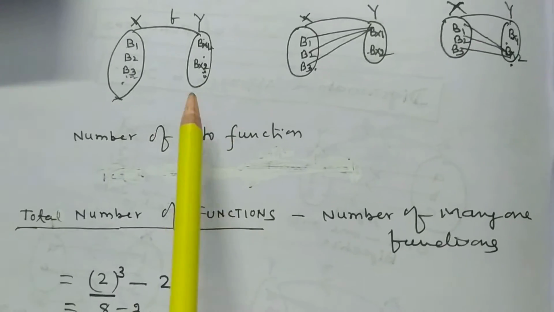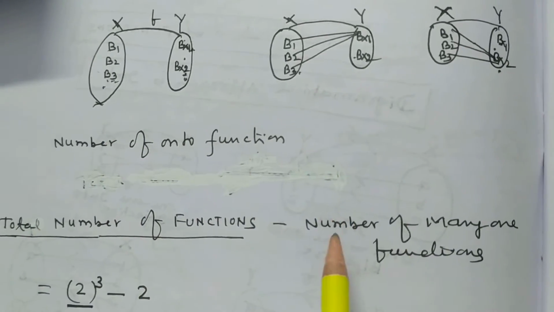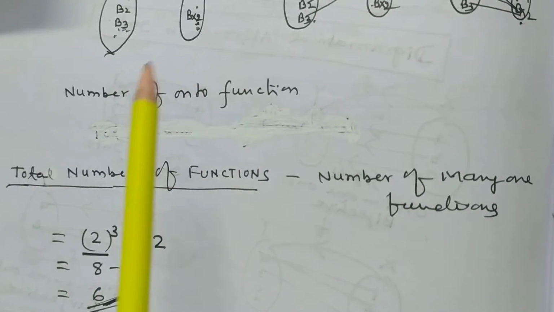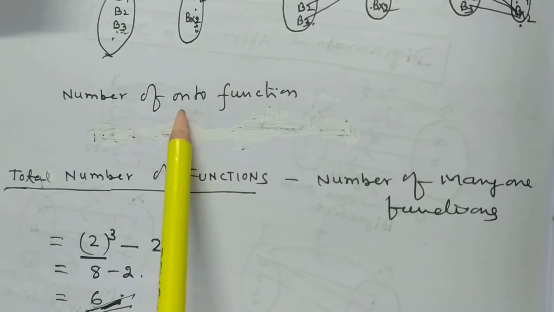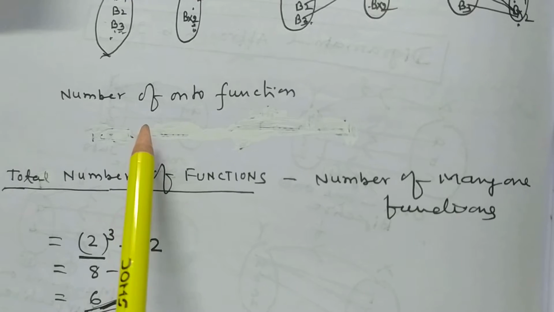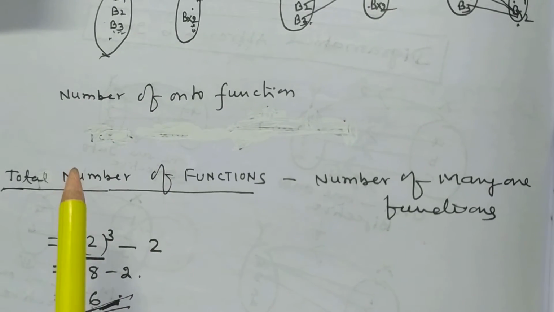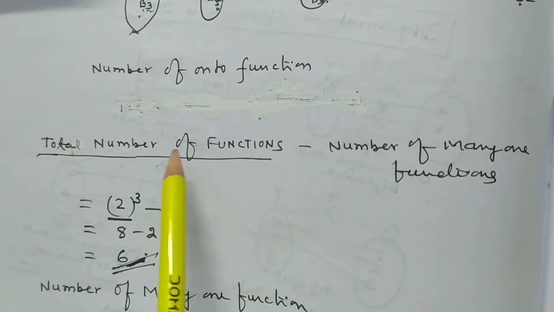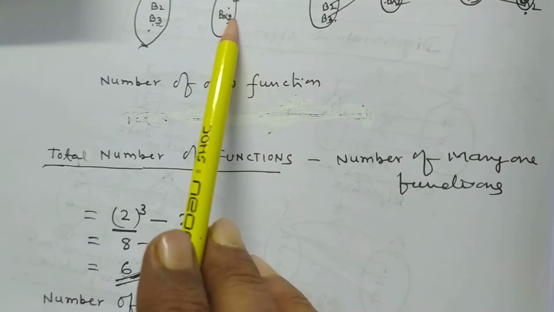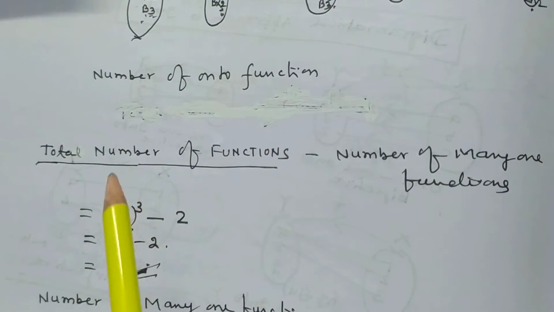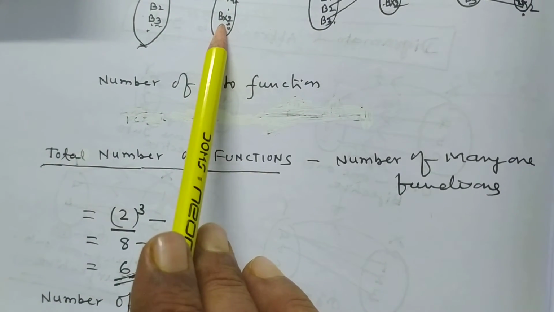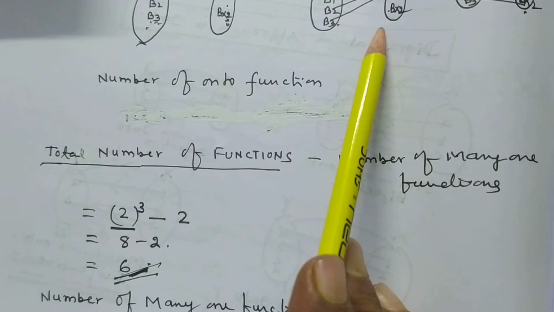Total number of functions minus number of many-one functions will give you the total number of onto functions. So the total number of functions is 2 to the power 3, and the number of many-one functions is 2. See this figure.